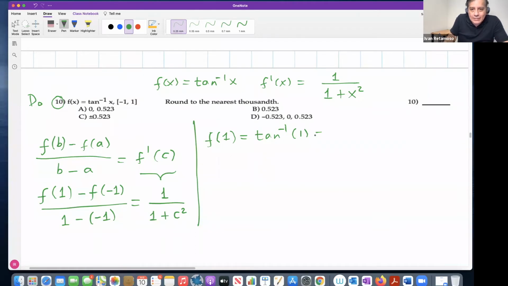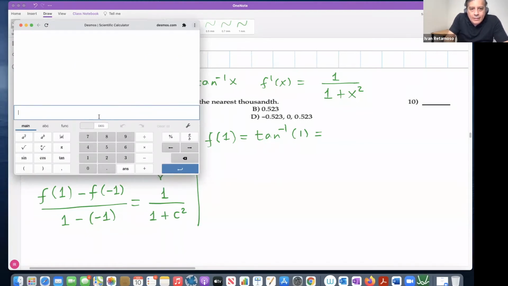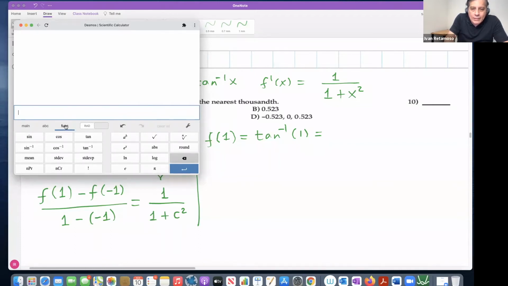You can use the calculator and get a nice approximation, or you can also work in exact form. The angle whose tangent is 1 is just pi over 4, 45 degrees.